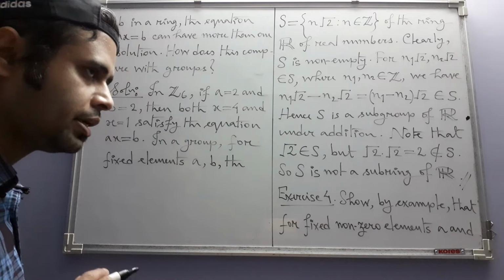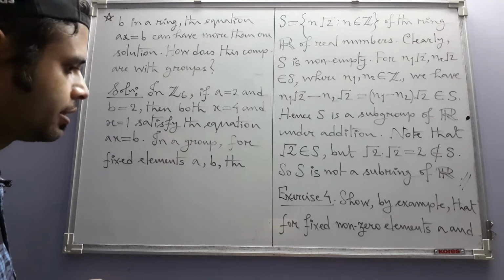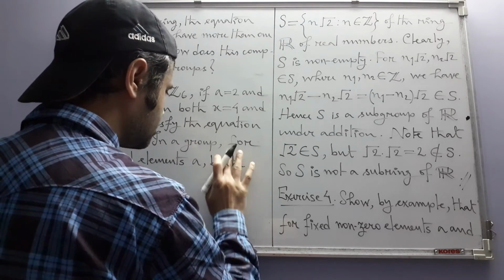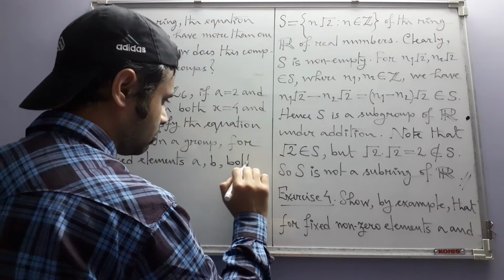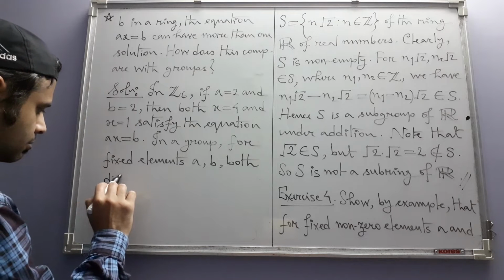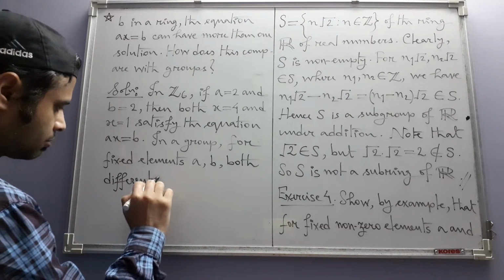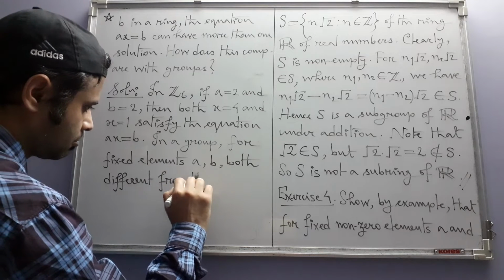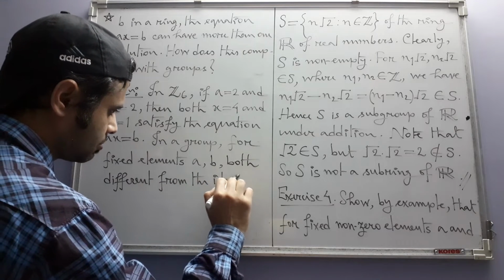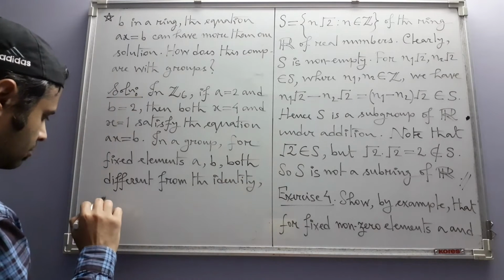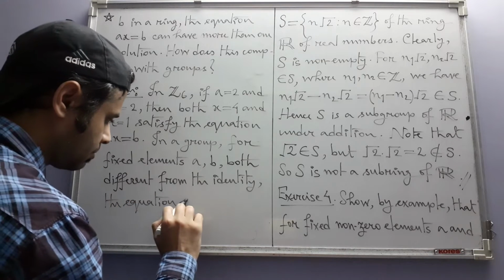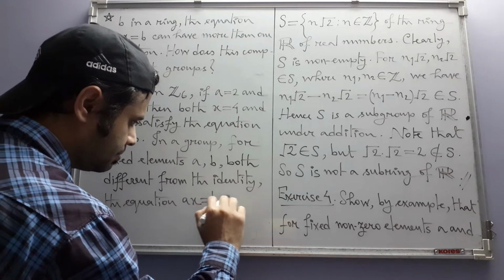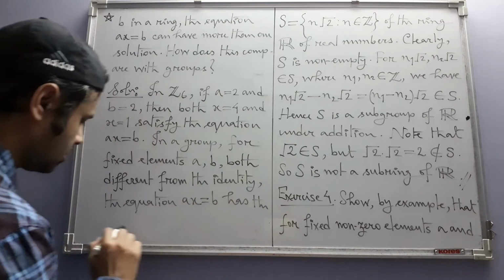But we can of course say that they are non-identities, for two elements both different from the identity, the equation Ax equal to B has the unique solution.